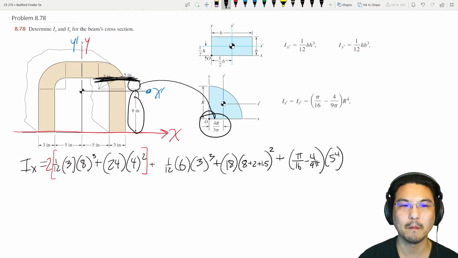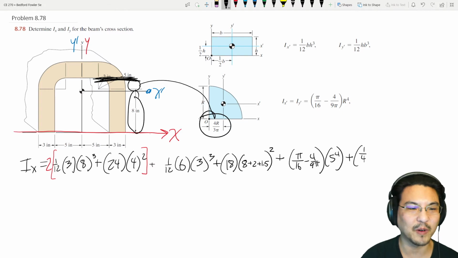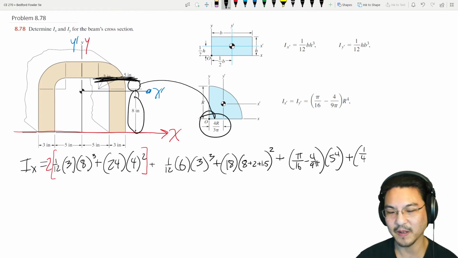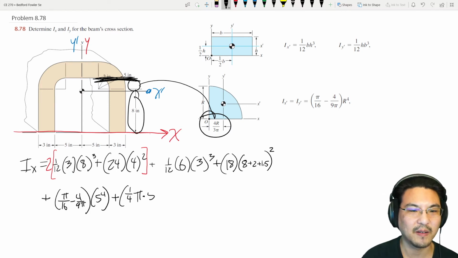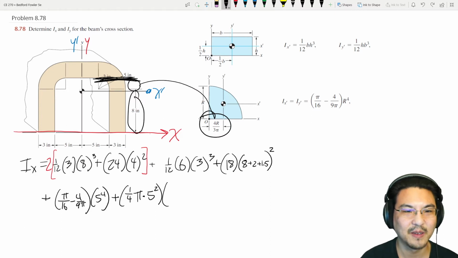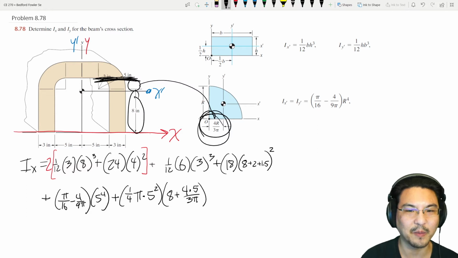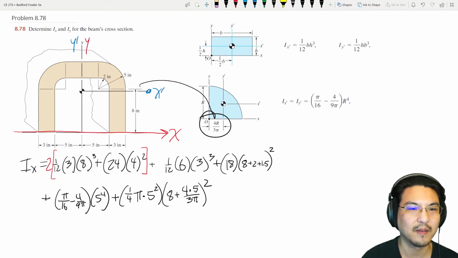So plus the area of a quarter circle, 1/4 of pi r squared, times this distance, which was 8 plus 4r over 3 pi, squared.